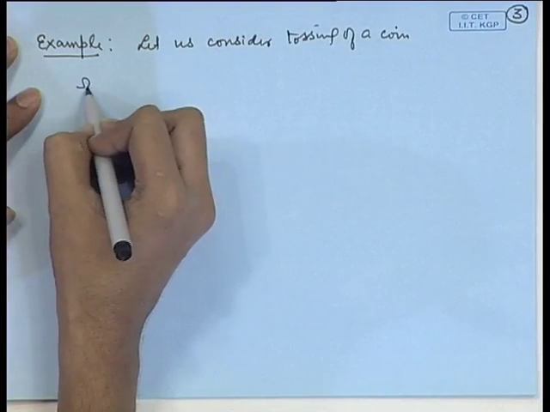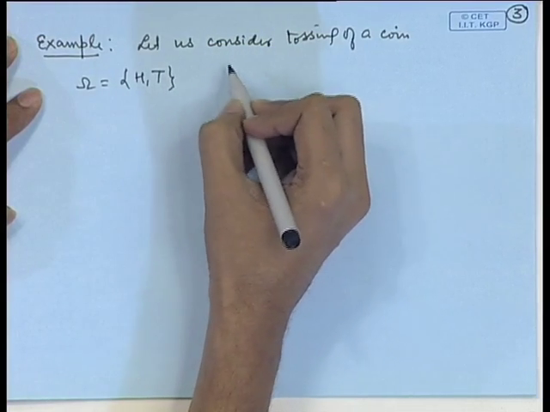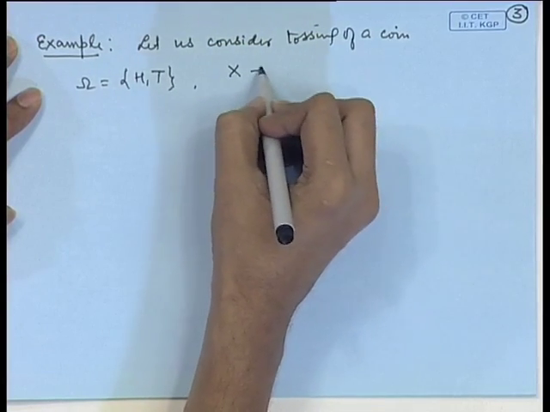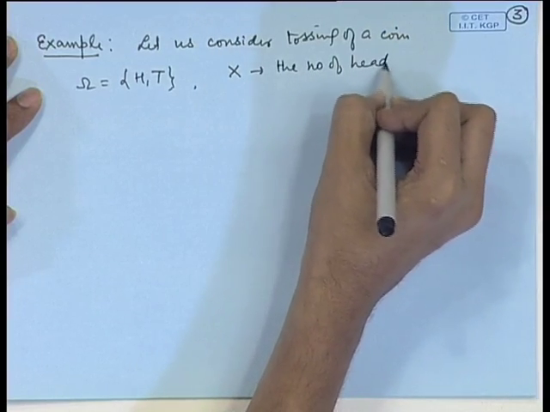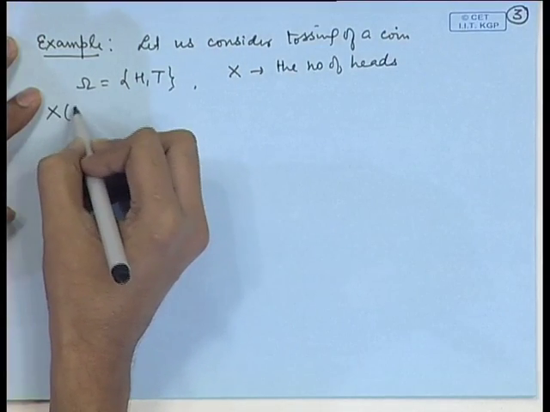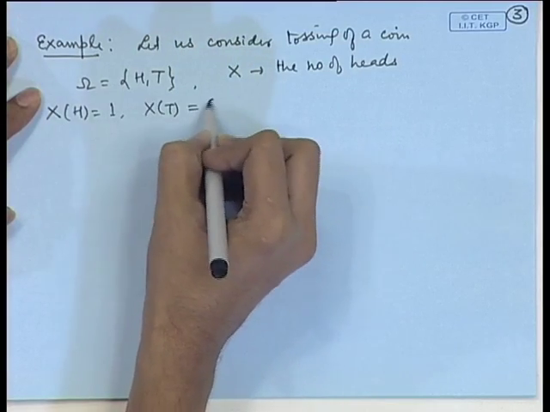So, the sample space is here {H, T}. We define the random variable X as the number of heads. So, naturally here X(H) is equal to 1 and X(T) is equal to 0.